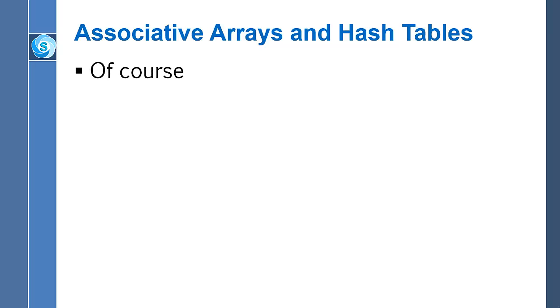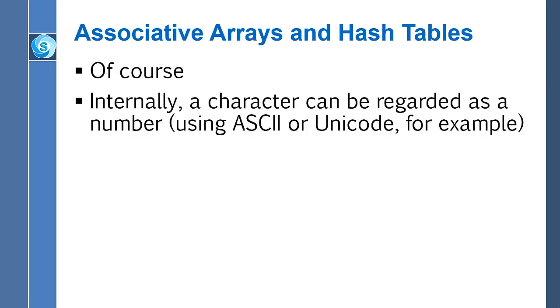That's actually very easy. You may very well be aware already that character data inside a computer, like any data, is stored as patterns of zeros and ones. And you can think of each character as corresponding to a number. The standard ways in which character data corresponds to numbers: the old-fashioned approach is ASCII.